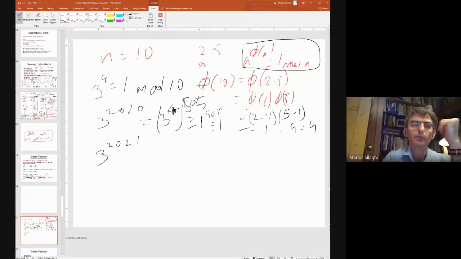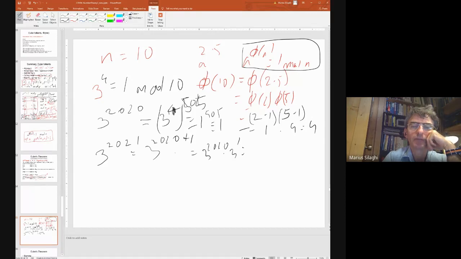Because it's equal to 3 to the power 2020 times 3 to the power 1. And we have seen before that 3 to the power 2020 ends in 1, and this is going to end in 3. That will be congruent to 3 mod 10.